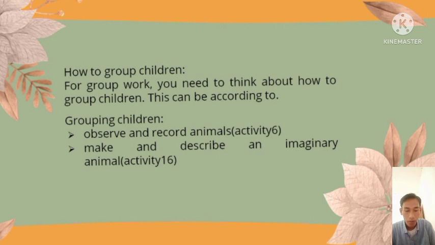Make and describe an imaginary animal. For make and describe an imaginary animal, you could use measured ability groups so that children with stronger oral skills could support those who are weaker.